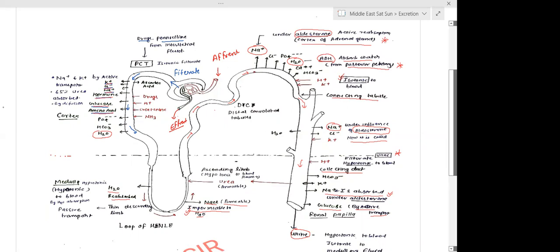The glomerular filtrate contains a large amount of water and other dissolved substances such as urea, uric acid, creatinine, amino acids, glucose, sodium, potassium, vitamins, etc.